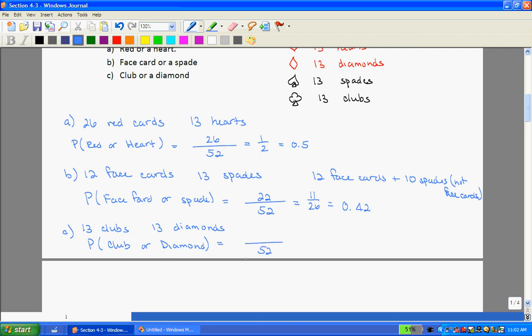Well, before we had to be careful because some cards could be counted in either the first event or the second event. Well, here, clubs are not diamonds, and diamonds are not clubs, so there's no problem with the card being counted twice. So we can go ahead and add 13 and 13 together and say 26 over 52, or 1/2, or 0.5.